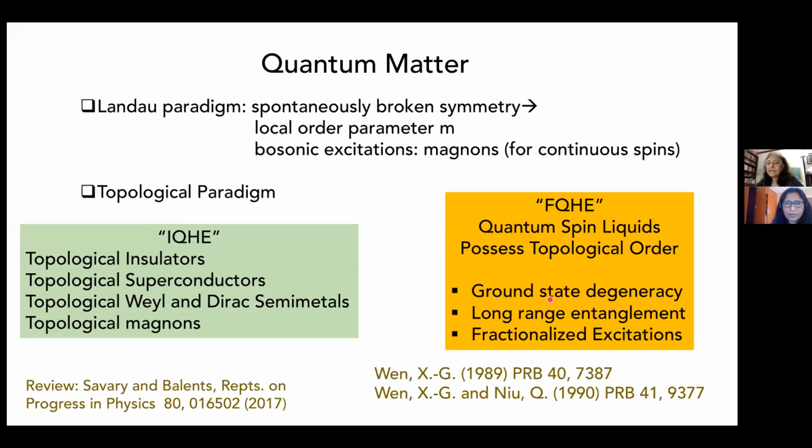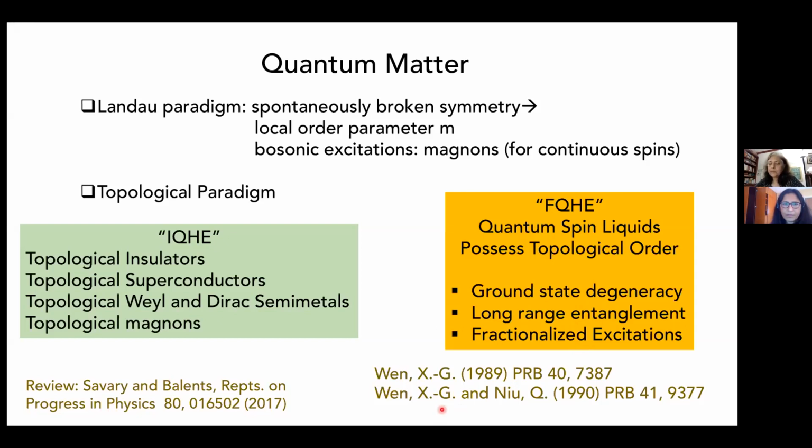It has a very definite ground state degeneracy. This is a bit difficult to experimentally measure, but theoretically you can look at it. It also has long-range massive entanglement, which I will describe later. And perhaps the most experimentally feasible signature is that the excitations are fractionalized. And all of these three things follow from what we call, or basically define, topological order.